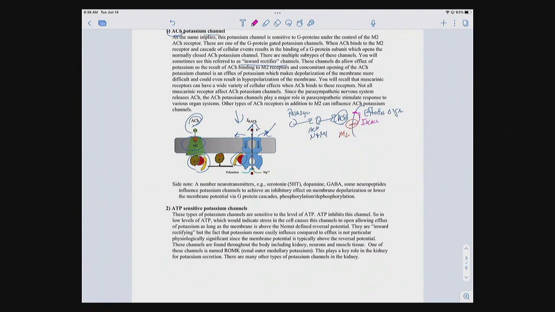I'm not saying that's the only thing acetylcholine does, because it depends upon what receptor is sitting at the end of that particular synapse.